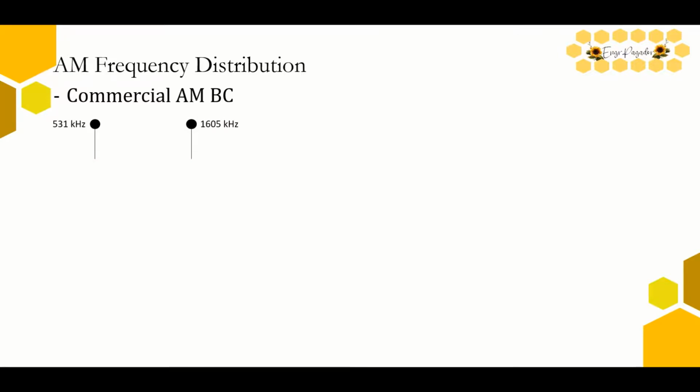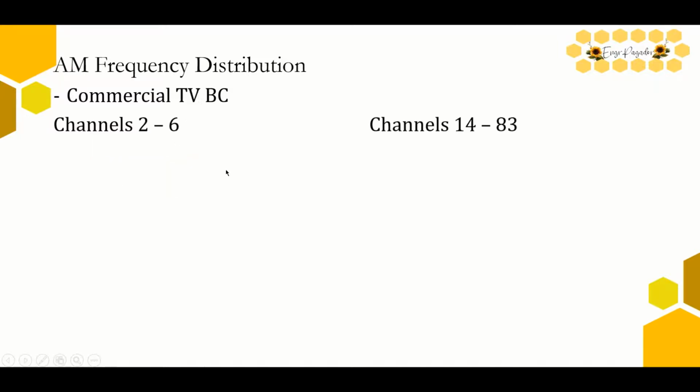And in assigning a certain frequency range or certain bandwidth doon sa channel na gusto kong mag-tune in, the increment or the bandwidth will be 9 kilohertz per channel. So this is the frequency distribution for commercial AM broadcasting.